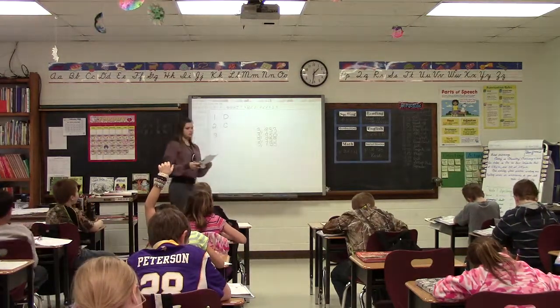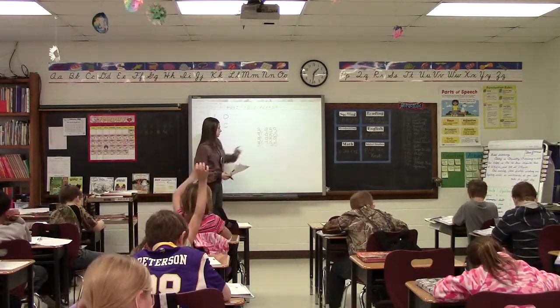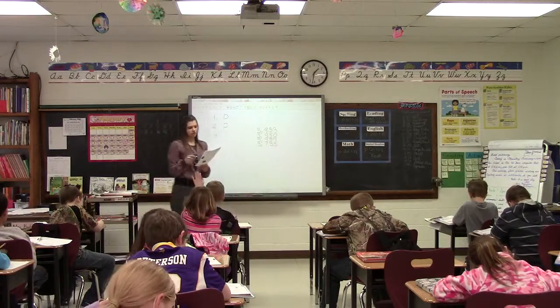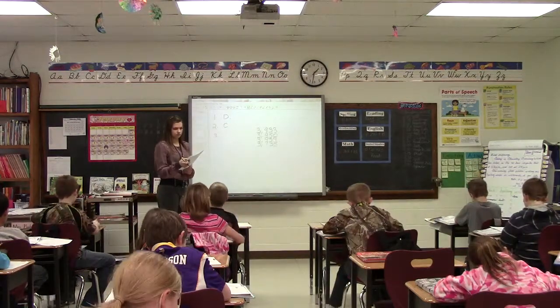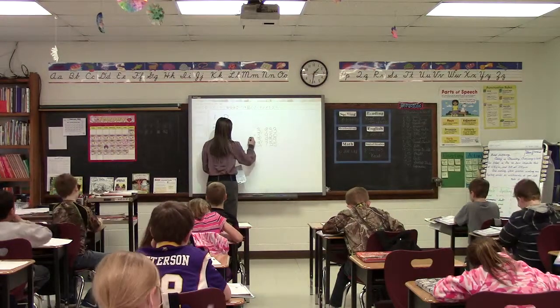So the greatest, that's the biggest. They all have the same thousands, so we're on to this column. Riza, which one's going to be first? Okay, this one's going to be first.